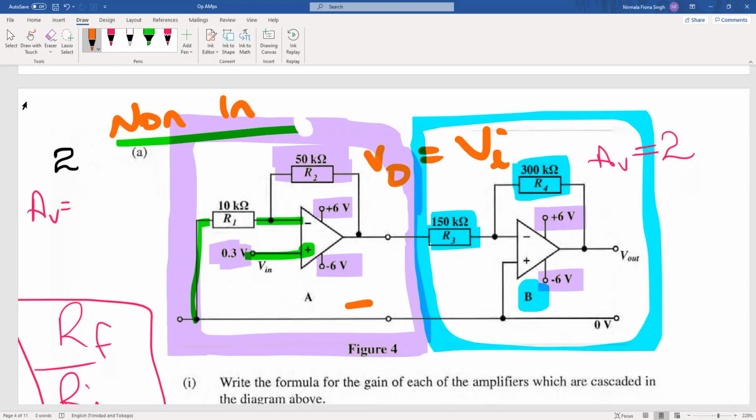Tristan, gain, non-inverting amplifier. Tell me. Anyone?